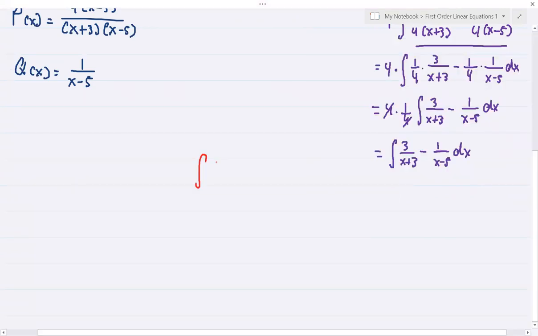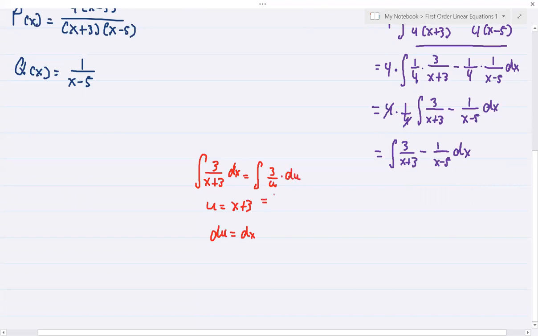So we have the integral of 3 all over x plus 3. Let u be x plus 3 and du be 1 times dx, or just dx. So we will have 3 all over u times du.